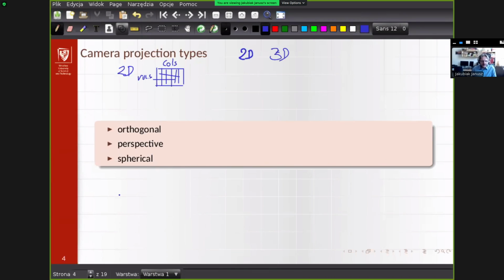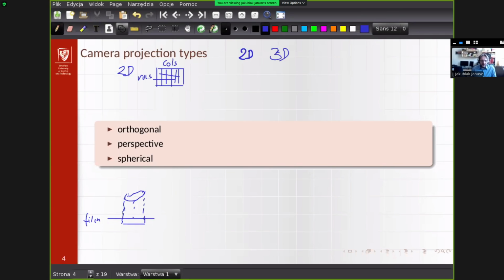The three basic types of projections are, firstly, the orthogonal projections. If you have the matrix and an object somewhere here, the object is transformed always with parallel lines. So the object on the image will have the same size independently of the distance between the object and, let's say, the film.